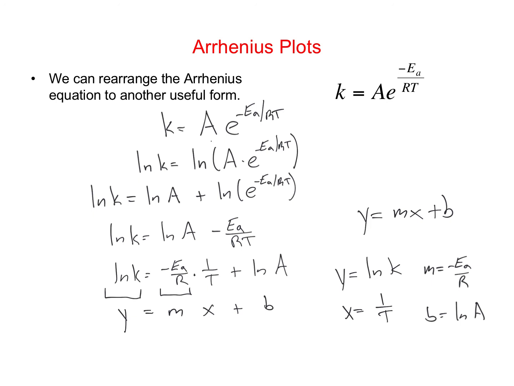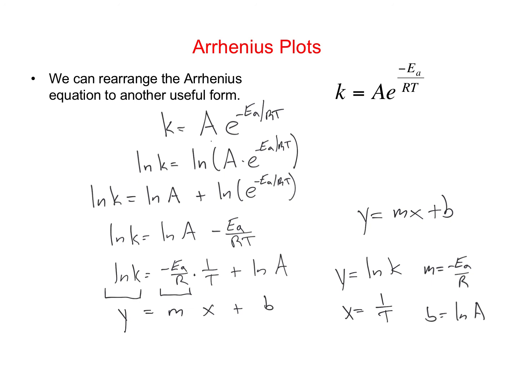And so what this will allow me to do is, if I run the reaction at lots of different temperatures and determine the rate constant, and then take the natural log of all those rate constants and plot those as a function of 1 over temperature, I should get a straight line. And I can use Excel or whatever program I want to fit that data to a straight line.